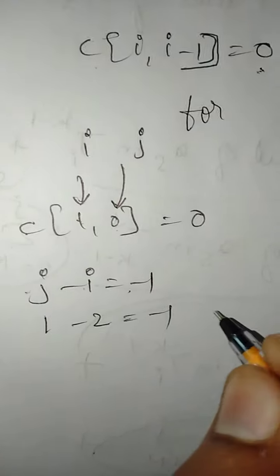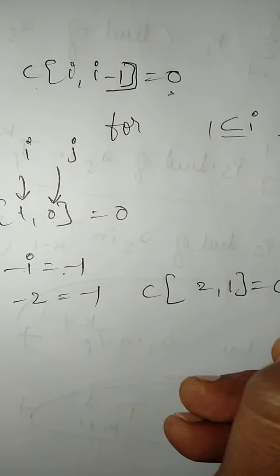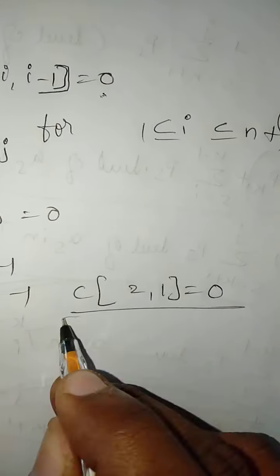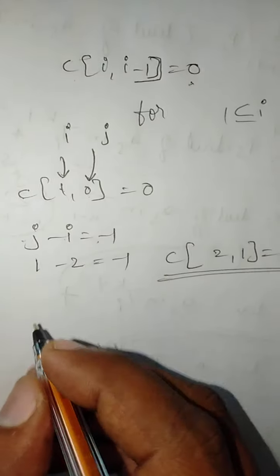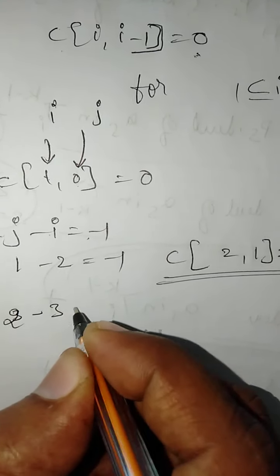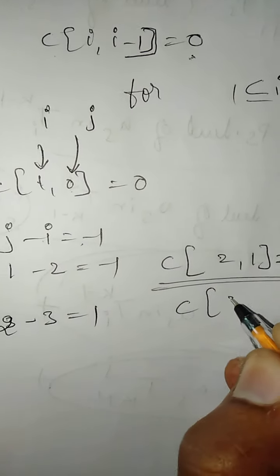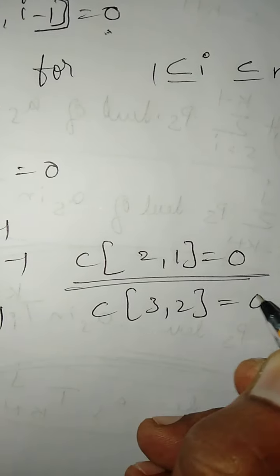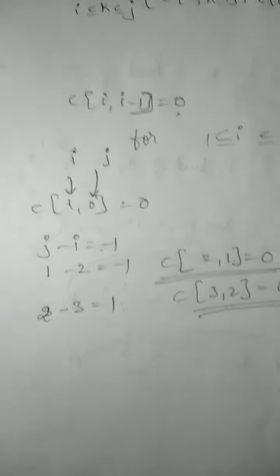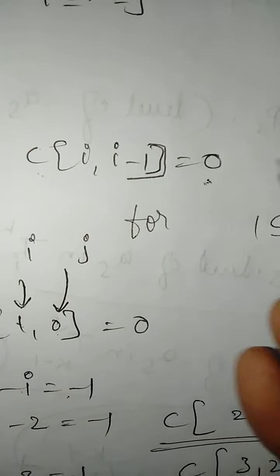Therefore, C of 2 comma 1 is also 0. This is how we have to fill up the table. Next, 2 minus 3 is equal to minus 1, therefore C of 3 comma 2 is also 0. So C of i comma i minus 1 is 0.